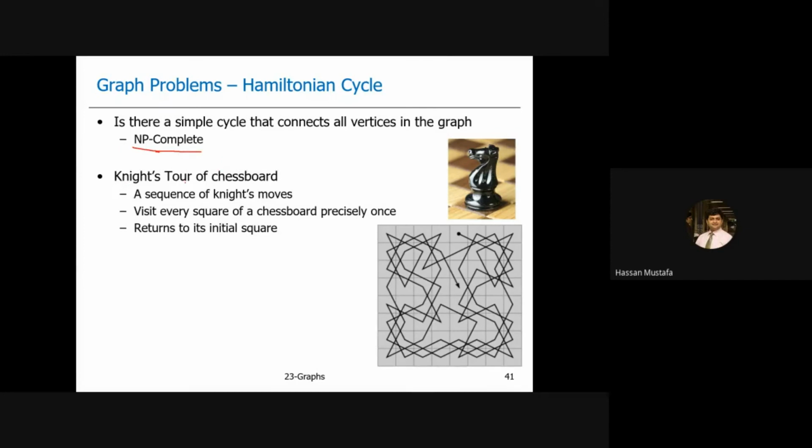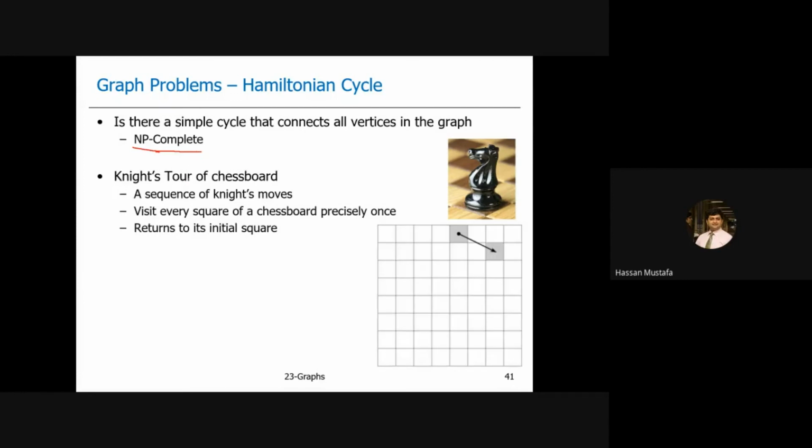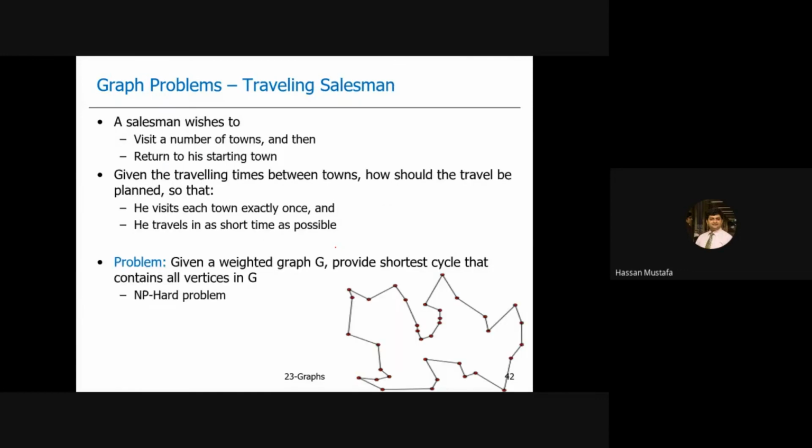Similarly, there is this Knight's tour that's similar to this Hamiltonian cycle. And the last problem is the traveling salesman problem. In this problem, we want to find a cycle. That is, if this salesman has started from this specific location, he needs to visit all the shops in the area and then come back to the same location.